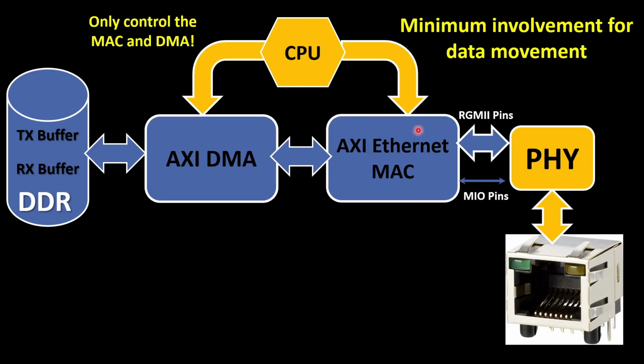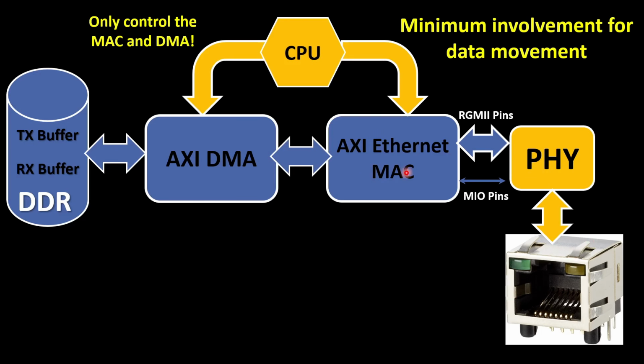So the AXI Ethernet is the bridge between the data that the AXI DMA is delivering from the DDR memory and the PHY. Whenever we want to send the data from the digital layer to the physical layer, we need to have the PHY, and the PHY will translate the digital data to suitable data for that physical layer that we have.